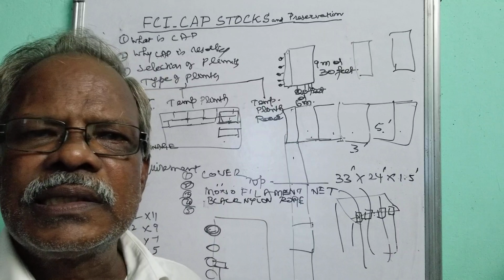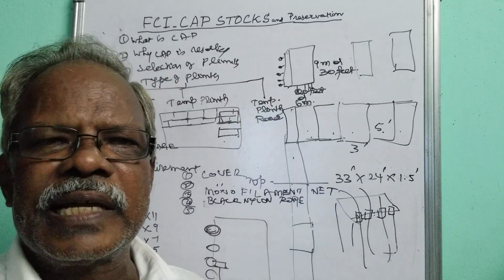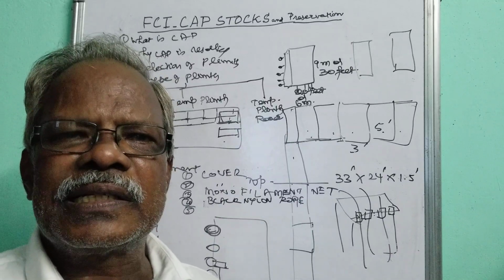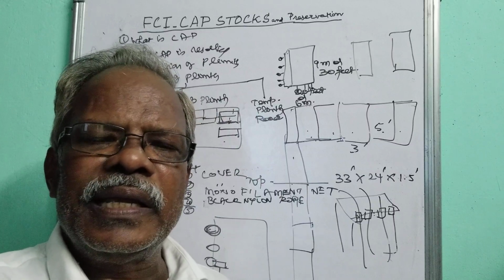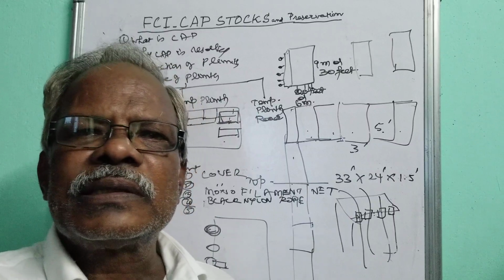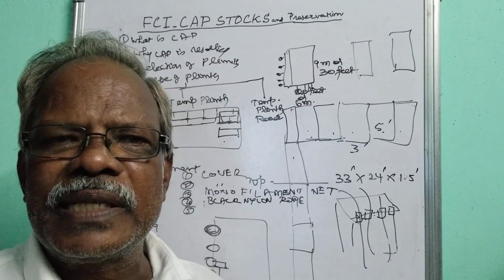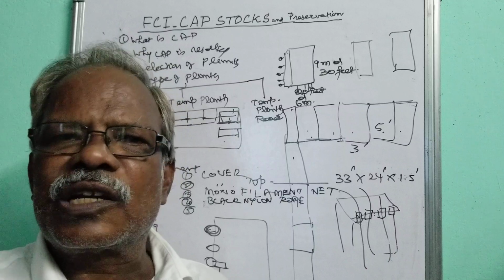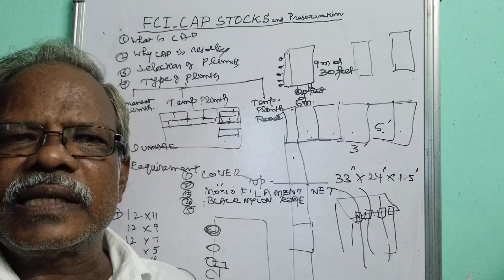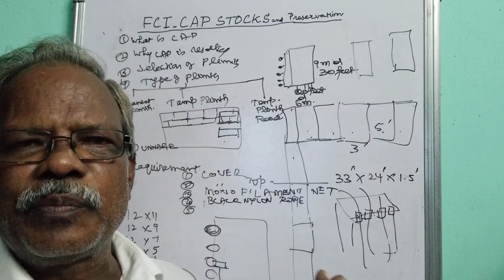That is called reconditioning and salvage operation. Reconditioning means the stock should be properly improved. Salvage means wherever there are damaged or drenched grains, they are to be removed, then reconditioned, and placed in the same place.